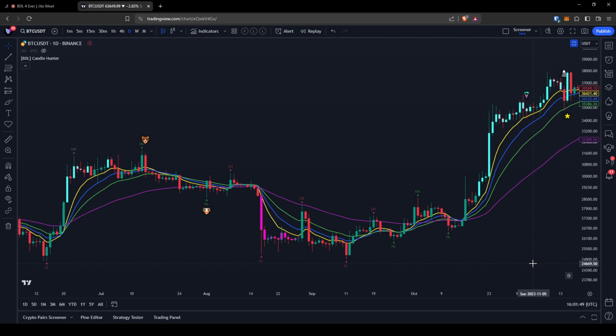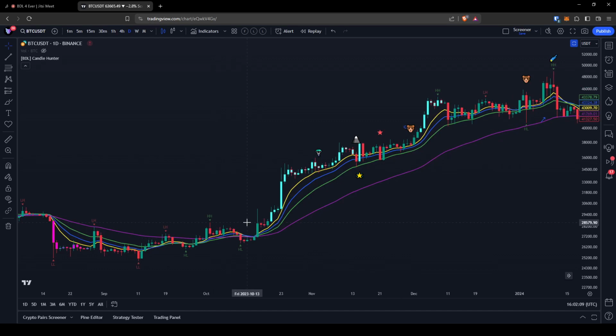So we have the 8 EMA, that's the yellow one. The 13 is the blue one, 21 is the green one, and the 55 is the purple one. You can see even by the wicks how price respects those. If we are above, then we are bullish, and look how nicely we respect the yellow line.